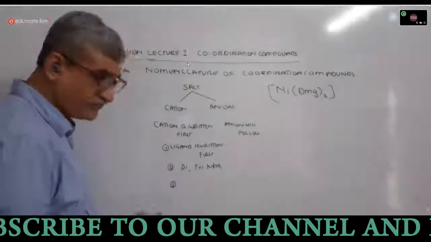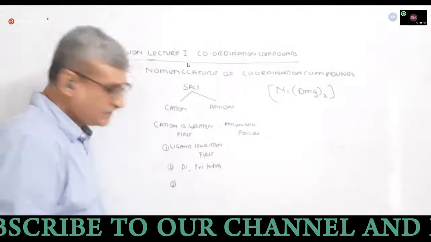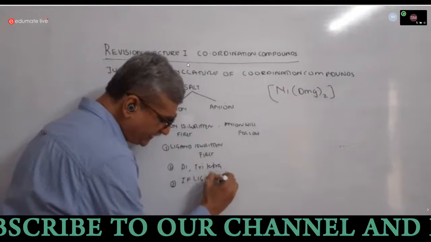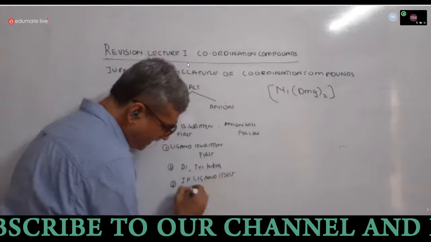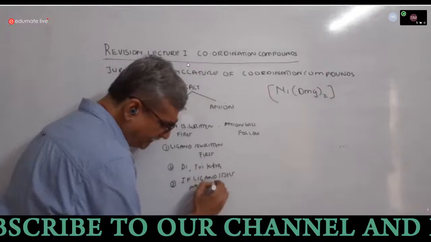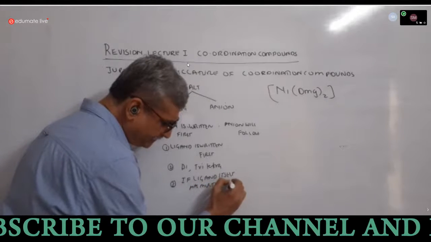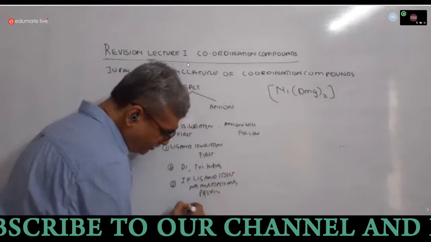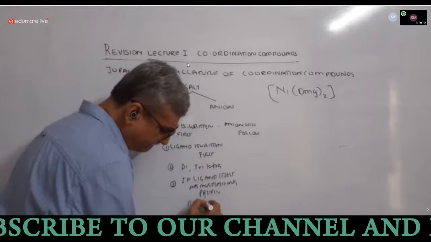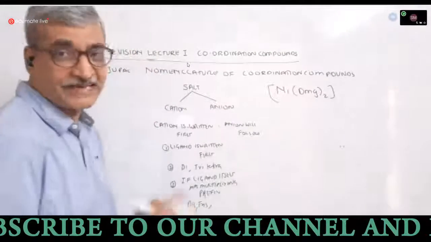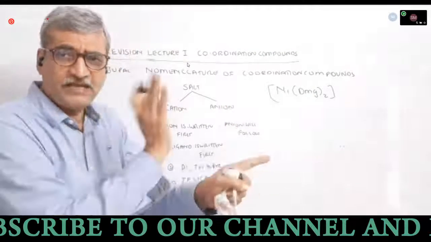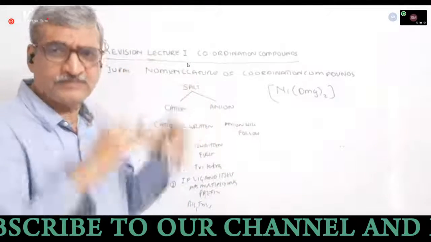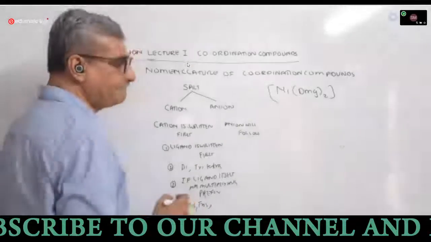In that case, if the ligand itself has a multiplying prefix, then use bis, tris, tetrakis, with the ligand name in parentheses.